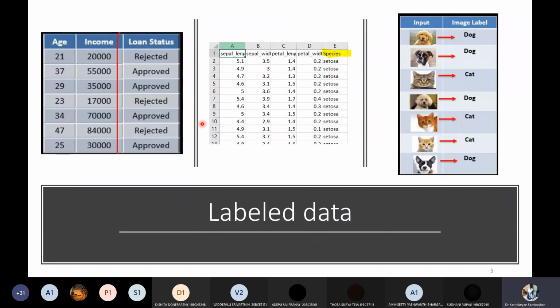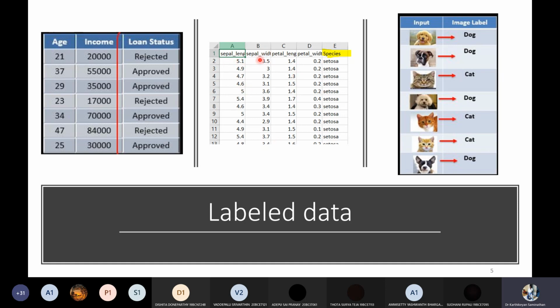Now, as you know already, when you say labeled data, each data set has some labels, right? Like in this iris data set: sepal length, sepal width, petal length, petal width, and species. These are all kinds of labels. These values, 5.1, 4.9, all these floating values, are under the sepal length.